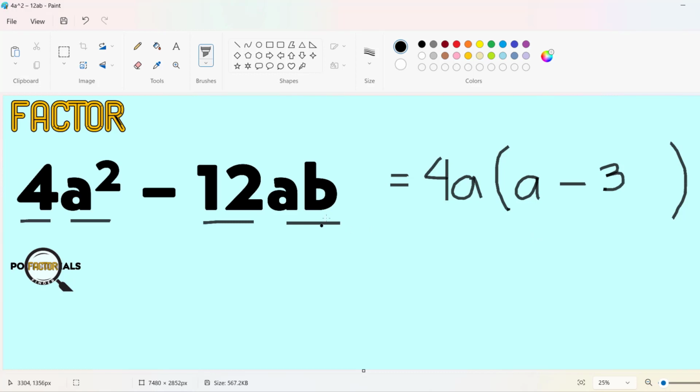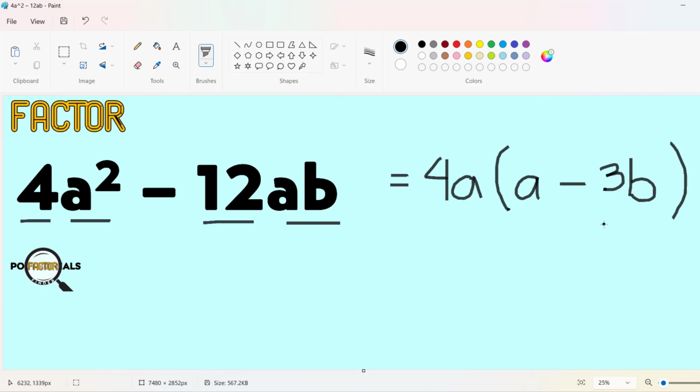As for the literal coefficient, since we removed a, what remains here is b. So the complete factor for the first step after using the common monomial factoring is 4a times the quantity a minus 3b.